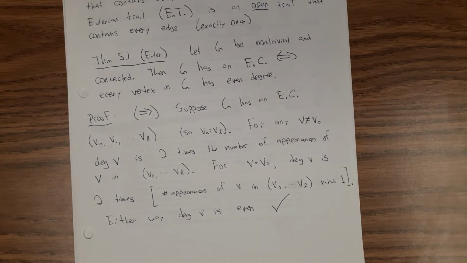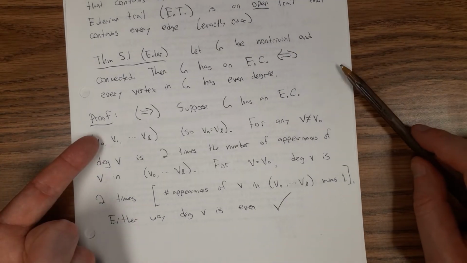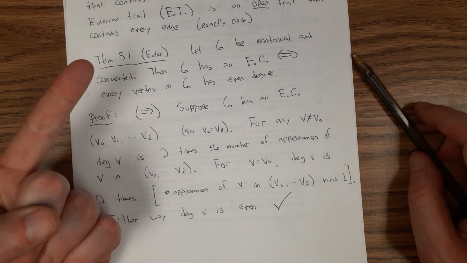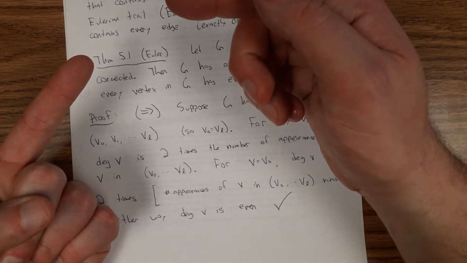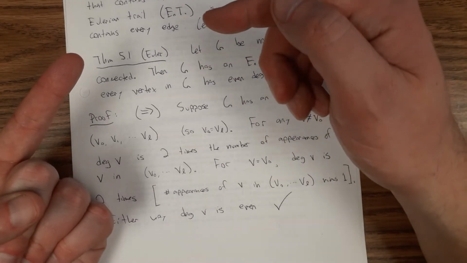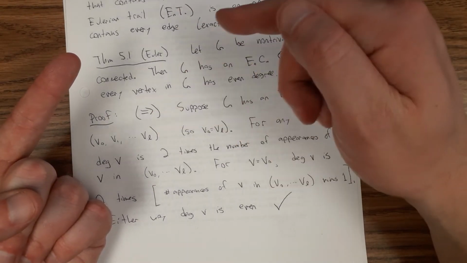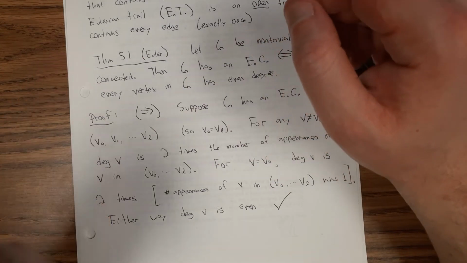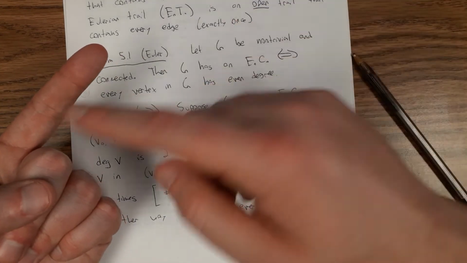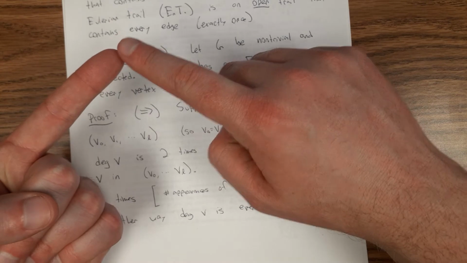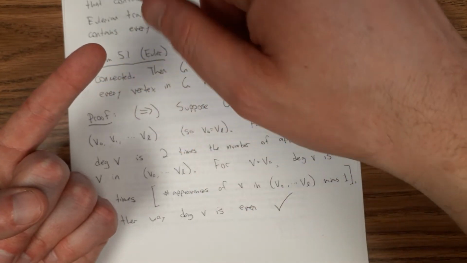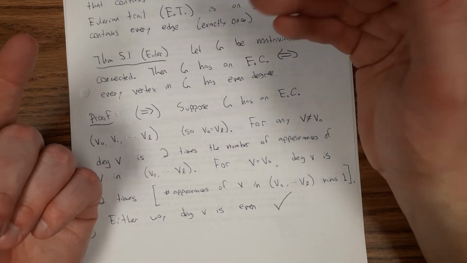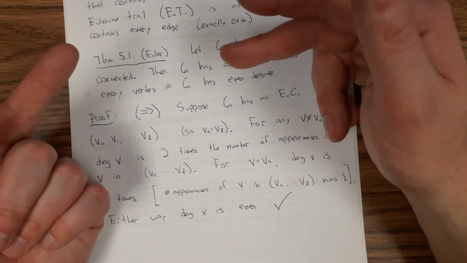So once again, let me go through this. We start at that vertex and then we leave, and that uses 1 edge. And then we might visit several more times, but every time I visit, I'm going to use an edge to come in and an edge to come out. So there's the 1 edge that I used when I initially left that vertex. And then there are several more possible times that I visit that vertex, and each one of those accounts for 2 edges.